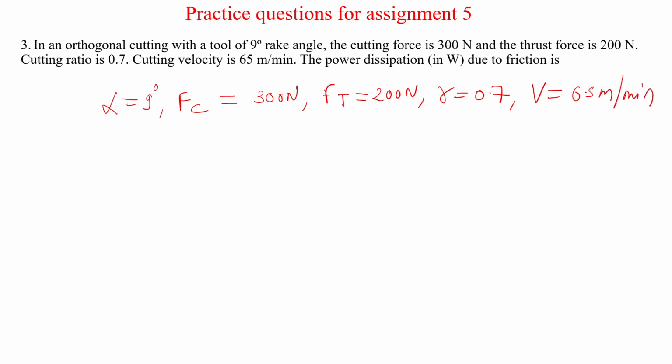The power dissipation due to friction, the power due to friction, it has asked. It is now very easy. Can you do it? Please try it and tell me the answer.